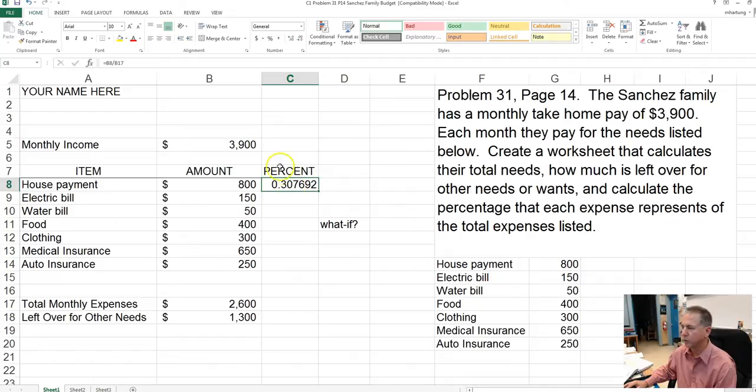Now in Excel, we can simply click on the percent sign and then determine how many decimal places we want. Most of the time in this class, we like to have 1 decimal place. So we're going to click right there, 30.8%.